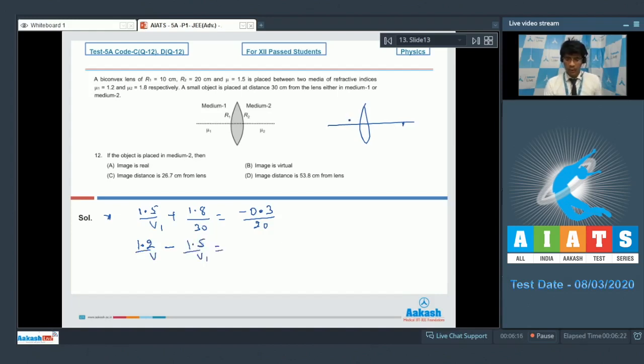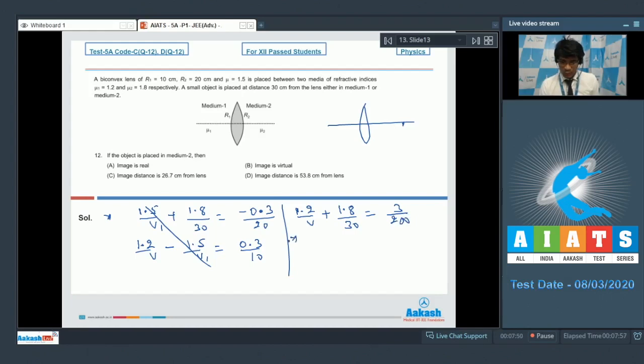For the refraction on this surface, I would say 1.2 V minus 1.5 V1 would be equal to 1.2 minus 1.5 minus 0.3 divided by minus 10. So it is 0.3 divided by 10. Have this calculation. I would say 1.2 V plus 1.8 by 30. It is 0.3 divided by 20 or 3 divided by 200.